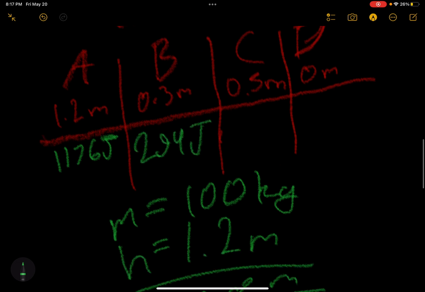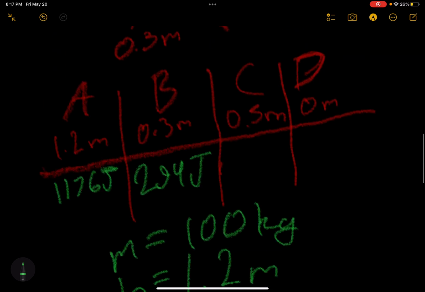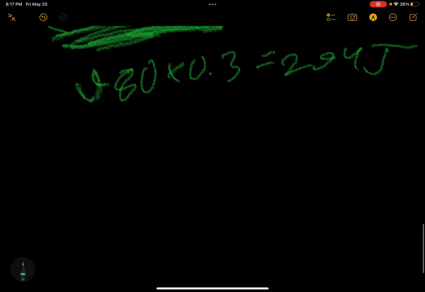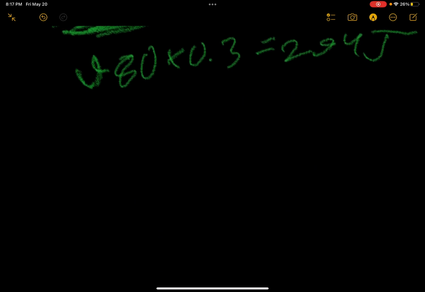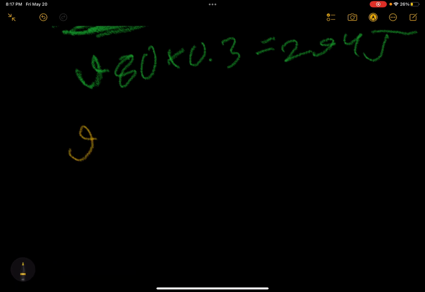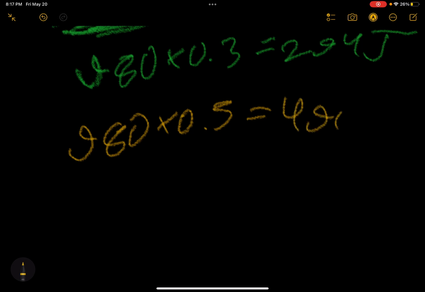Easy enough. Next, C is 0.5 meters. This is really basic, so I'm just going to run through this. You guys can feel free to follow along, whatever makes this learning fun and enjoyable. We'll just do 980, considering we know that 0.5. And just doing math, that would equal 490.